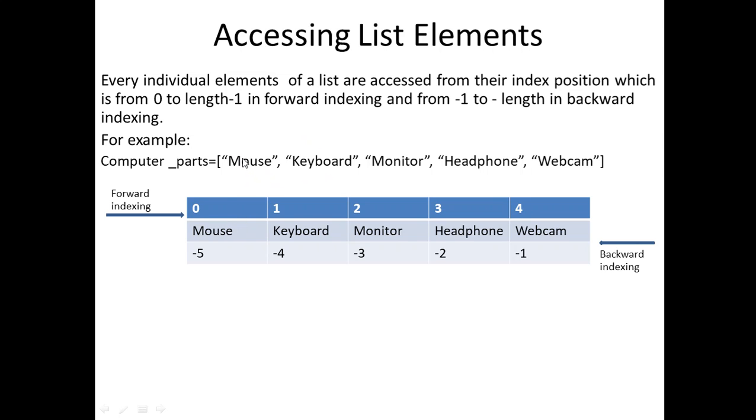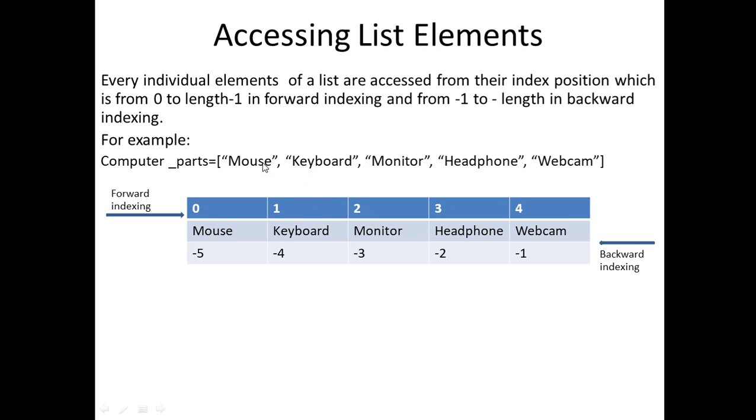For example, the mouse will have index number 0, the second element keyboard will have index number 1, the third element monitor will have index number 2, the fourth element headphone will have index number 3, and the fifth element webcam will have index number 4. It will be represented as the forward indexing. Positive numbers will be there in forward indexing from the left side.